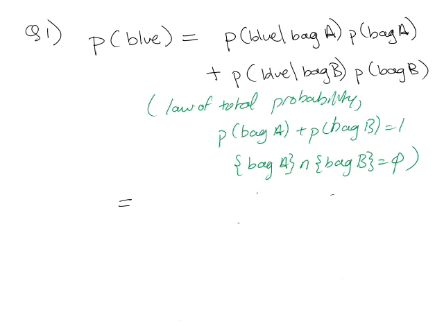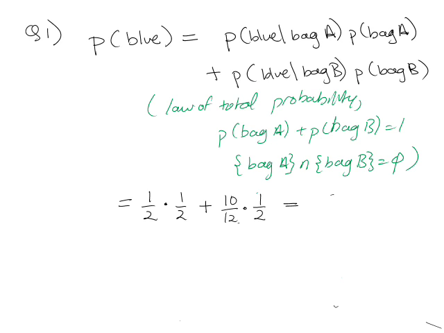Okay, and now all these things I actually know, so I can just plug them in. So probability of blue given bag A is a half, probability of bag A is half, plus the probability of blue given bag B is 10 by 12, times the probability of bag B is a half. So let's just do the calculation.